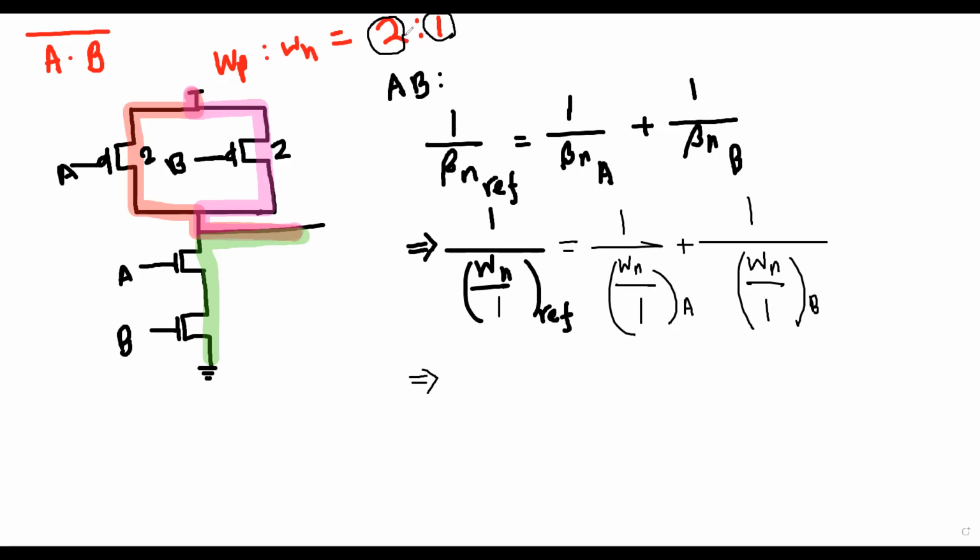That means your Wn by Ln was 1 is to 1. So in place of Wn for the N MOSFET, you have to write 1. For the P MOSFET, it was 2. Now, this one will go up here, this one will go up here, this one will go up here, right? Now it will be 1 by 1. This one will be Wn.